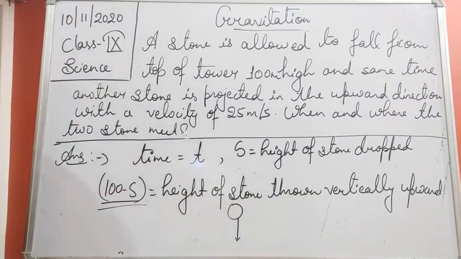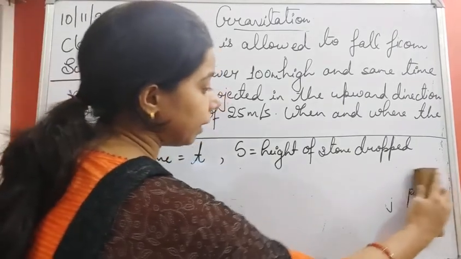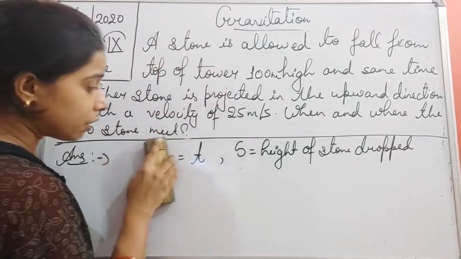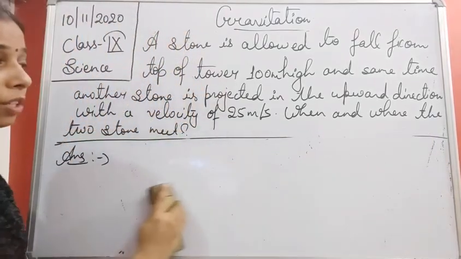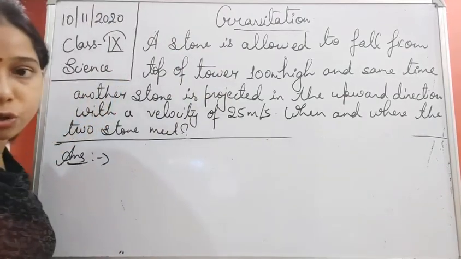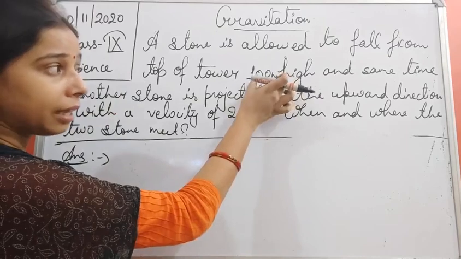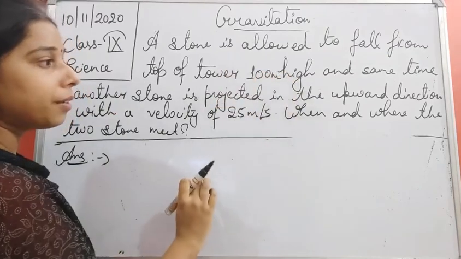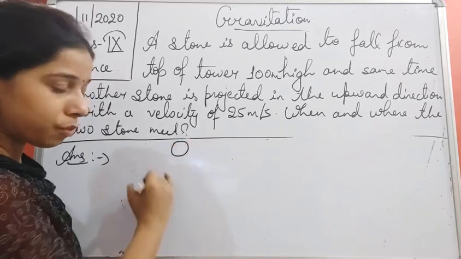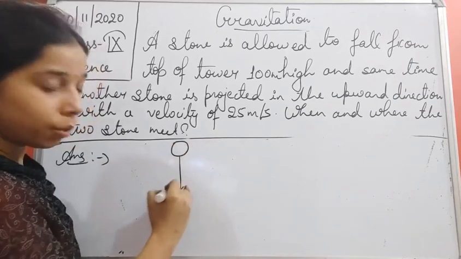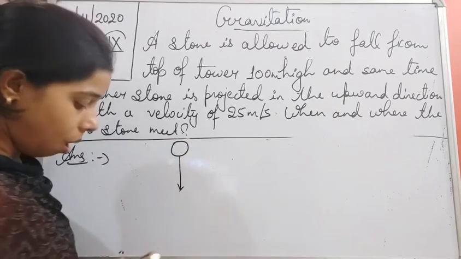Now you see student, in the first case, if we have to find the distance traveled by the stone which is coming in the downward direction, the distance, it means the height, is given, that is 100, and U will be 0 because at that time it was at rest, and then it was thrown in a vertical downward direction, and the G value will also be positive.